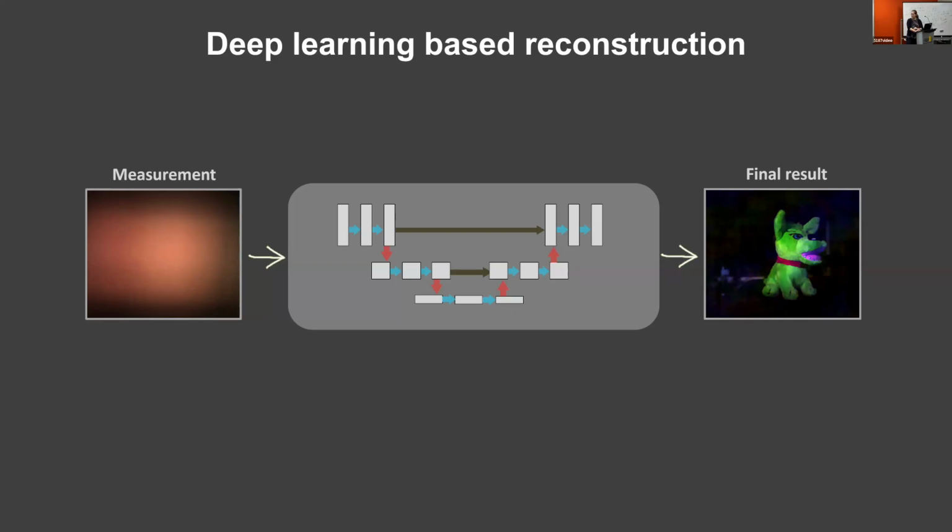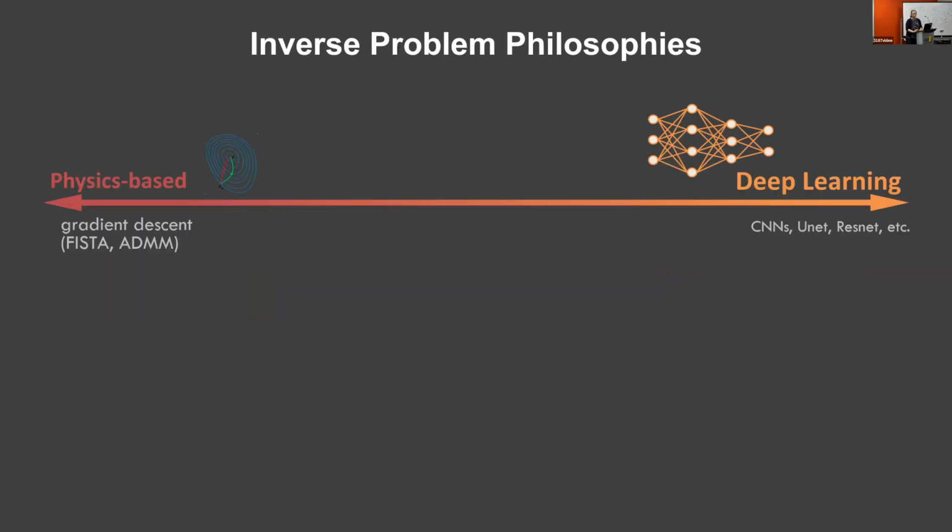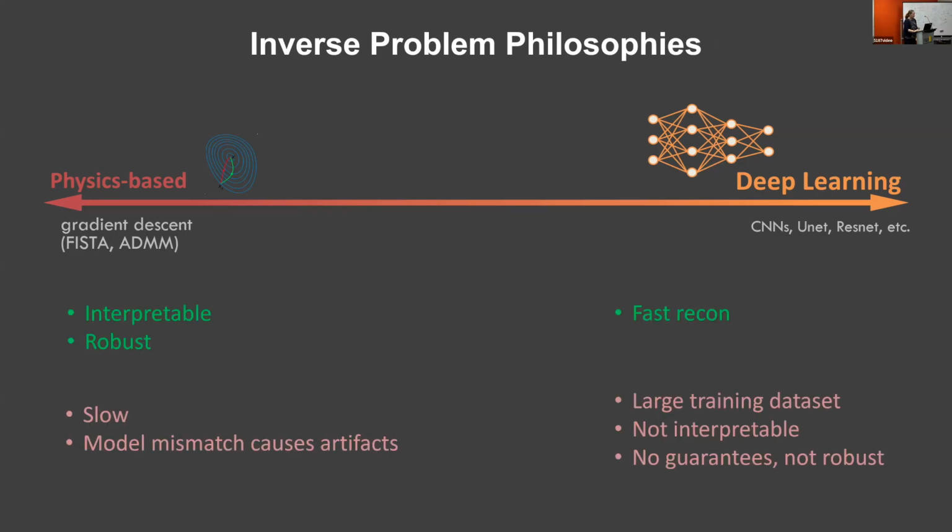And we did this to compare. So we thought a lot about this spectrum between physics-based iterative optimization techniques and deep learning based. This is also getting old now, but from a high level, there are a lot of different trade-offs in terms of interpretability and speed.